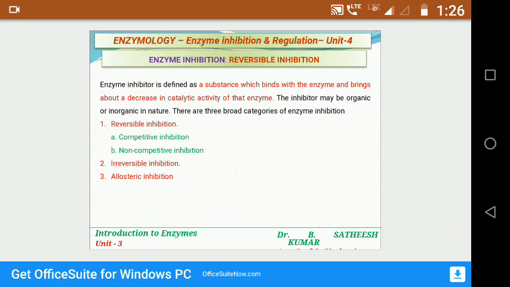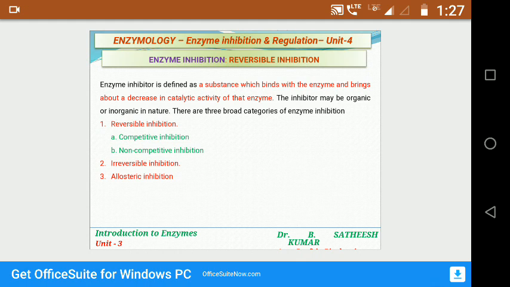Here the inhibitor cannot bind tightly by covalent bonds. It binds the enzyme by means of very weak non-covalent interactions. Like the substrate interacts with the active site of the enzyme, the inhibitor also interacts with the enzyme by non-covalent interaction. That is why it is called reversible inhibition.